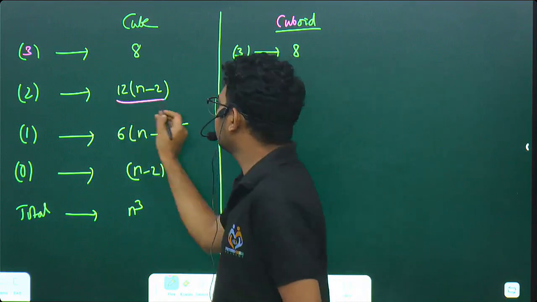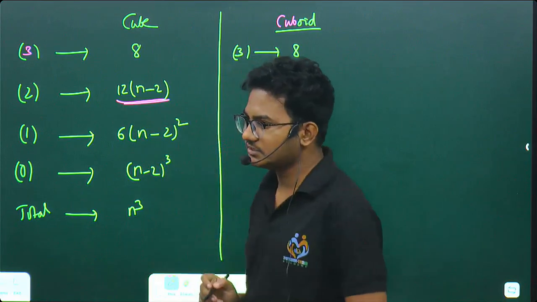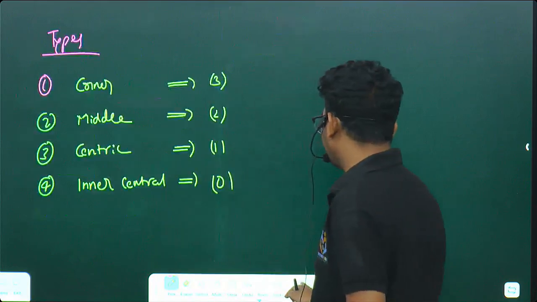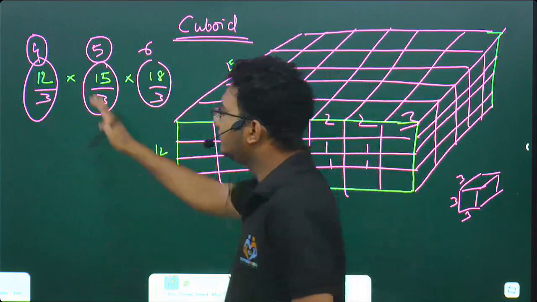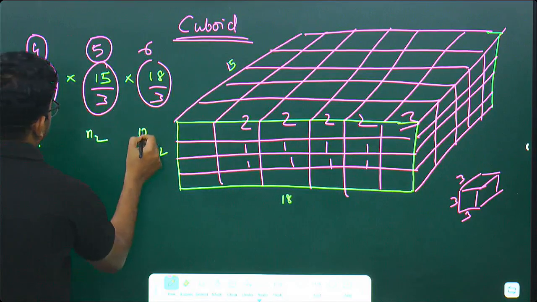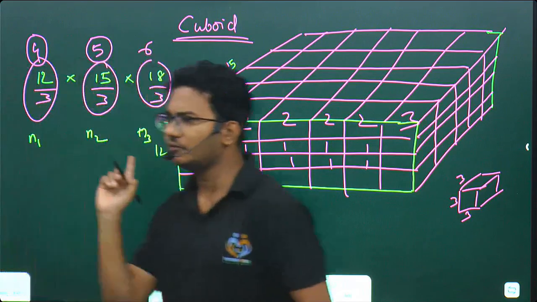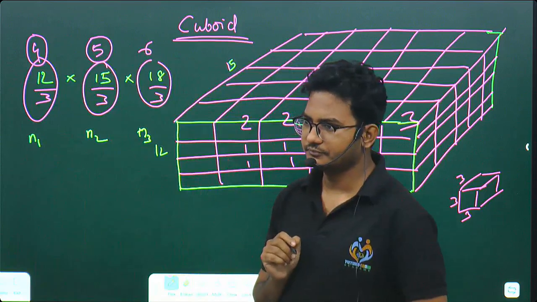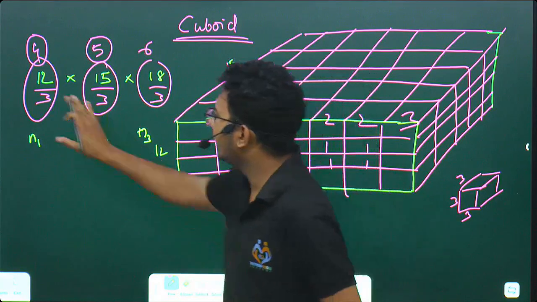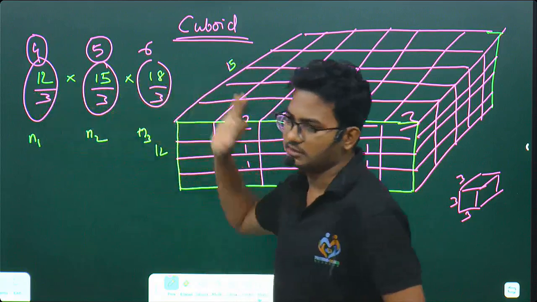Now see, this is the formula for 2 surfaces painted in the case of a cube. But for a cuboid, we have 3 n's here: N1, N2, N3. There we used to have only 1 n. But here we have N1, N2, N3.